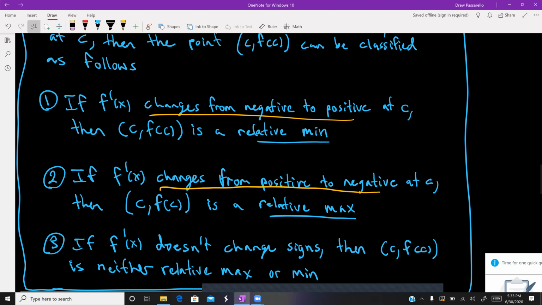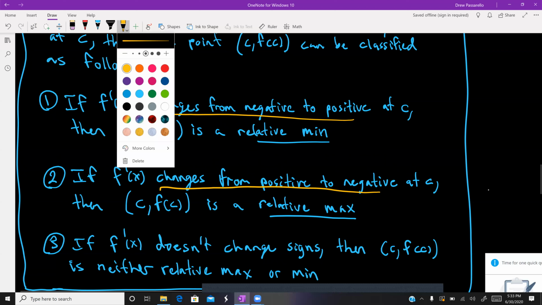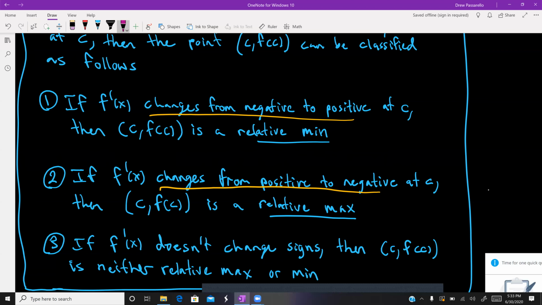All right, so I tried to underline the key words here for the first derivative test. So first derivative changes from negative to positive, then that means it's a relative min. Negative means its first derivative is less than 0, so that means the function's decreasing.